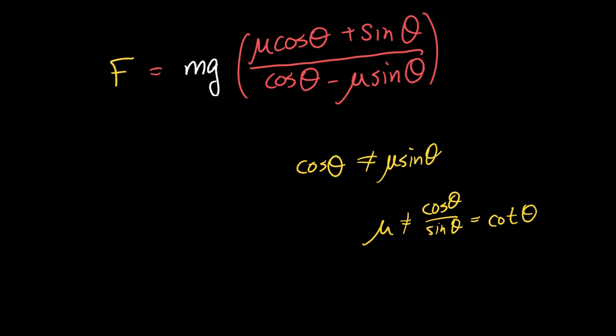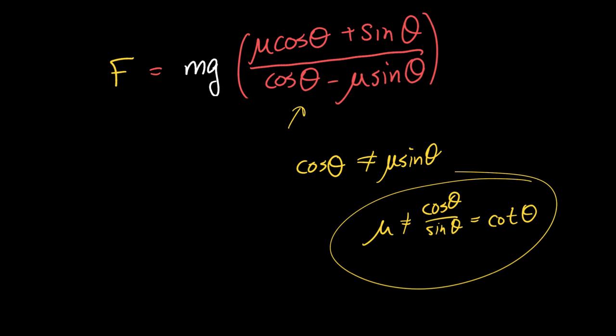It says that under this condition, there is no force that will allow you to push the block up the ramp at a constant velocity. That's what it's saying. It would take infinite force to do so, because you'd get a 0 here. I don't know what this condition is, but that's what the condition is. It has to do with the angle of the ramp, and it has to do with mu.